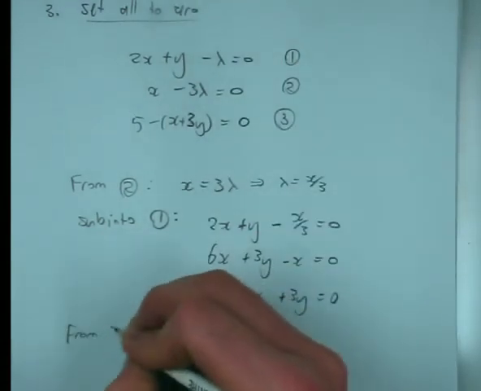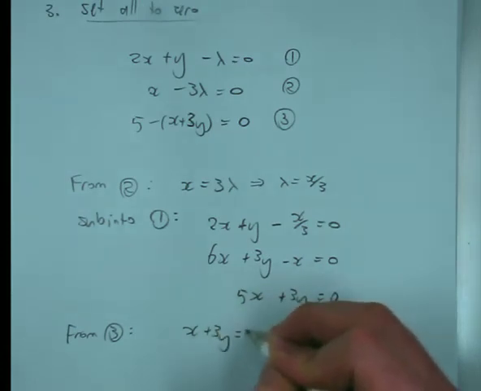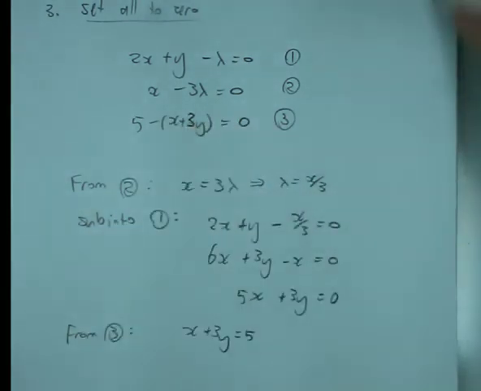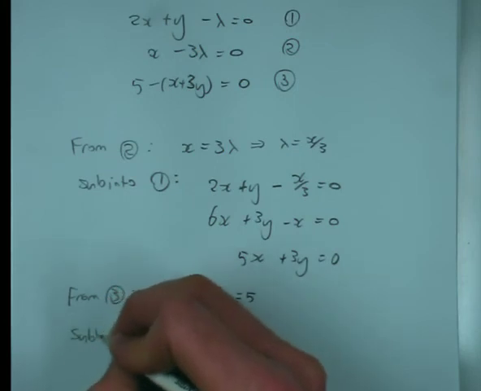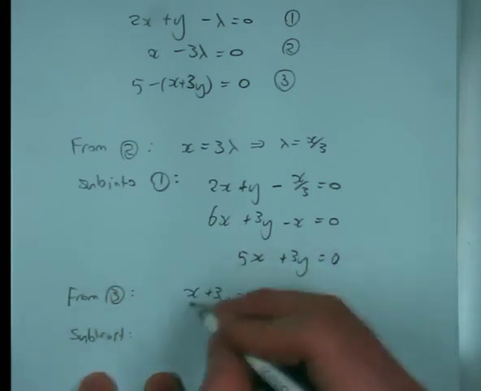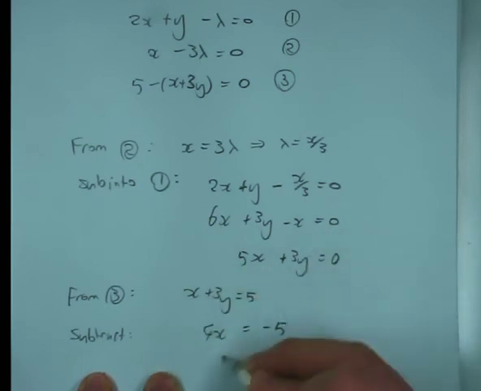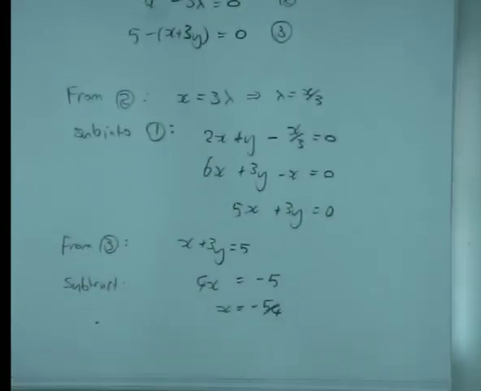And from 3, I had that x plus 3y is actually 5, because that was my original constraint anyway. And so if I subtract those two equations, I should get just the x now. So 5x minus x is 4x, 3y minus 3y is 0, so x is minus 5 on 4. And then I just try and figure out what y is.